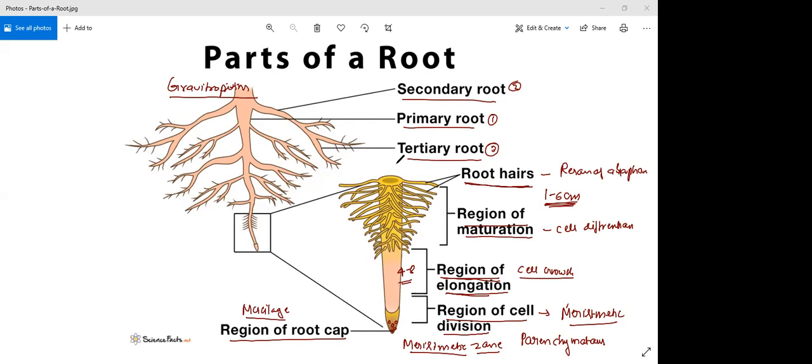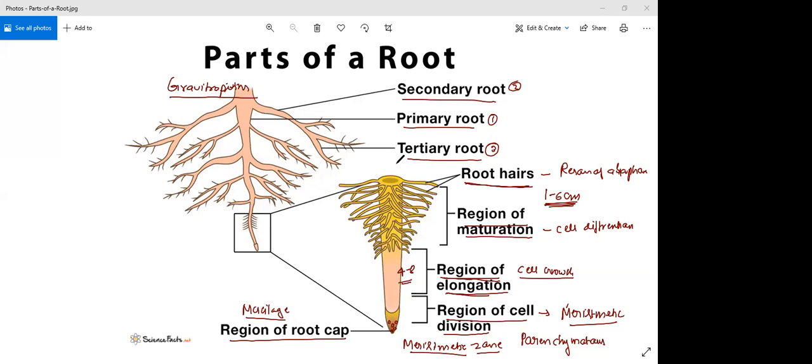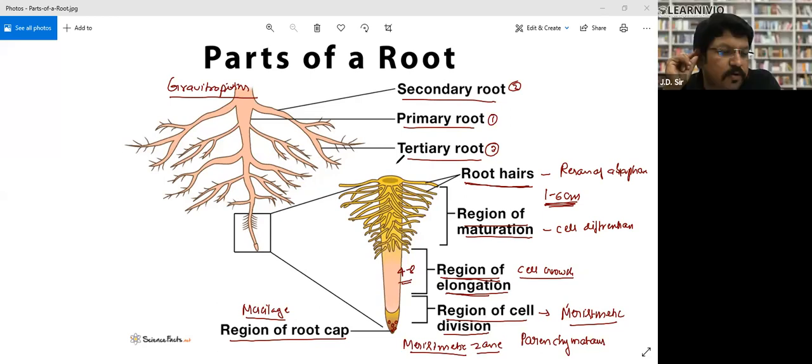They come from the epidermis. Unicellular or multicellular? Multicellular. Anyone else?